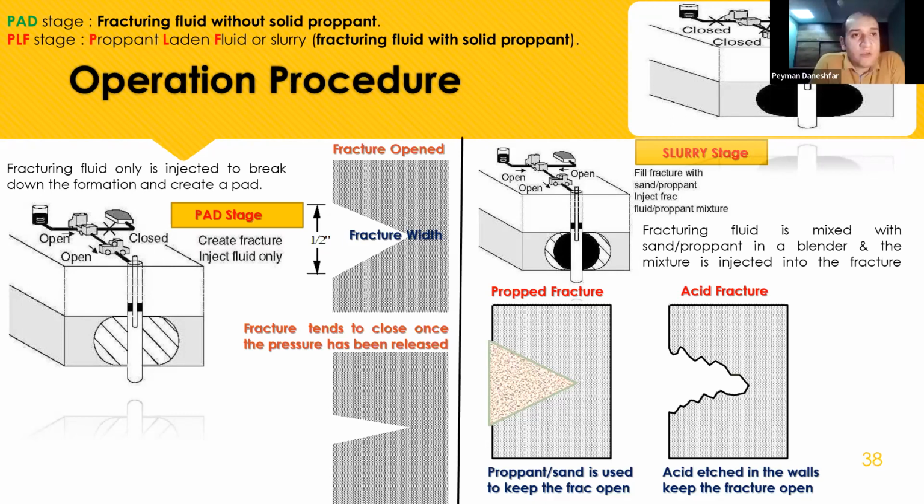Another picture that I put here is for acid fracturing, where acid etches the fracture like in these pictures. After the job finishes, we close all parameters and we see the unit, the pressure curve, and other parameters.